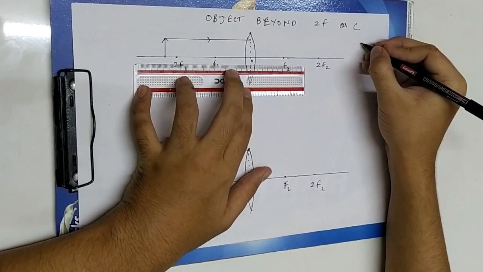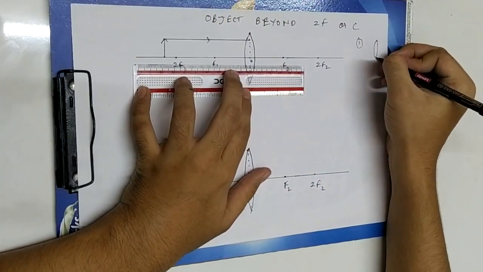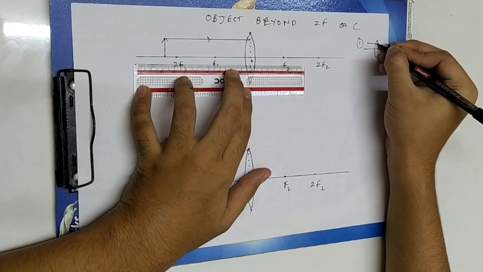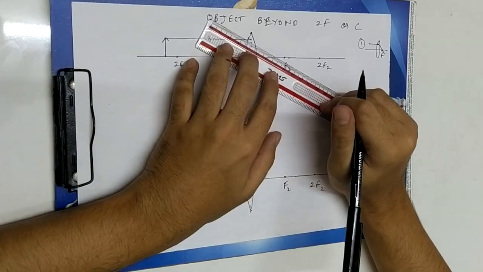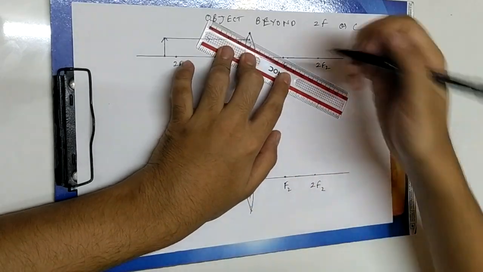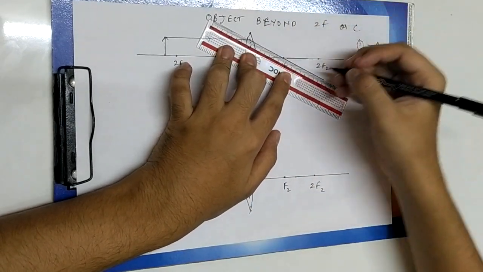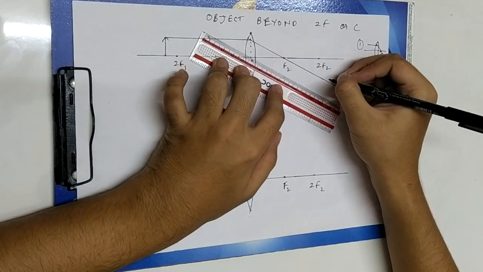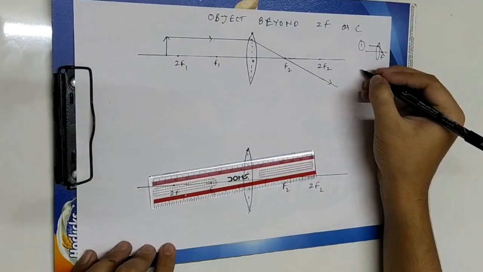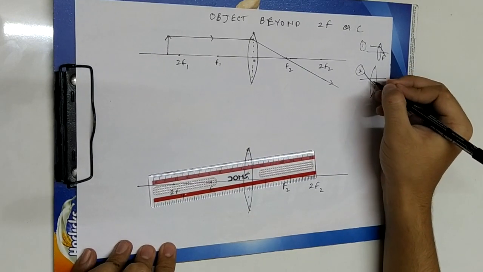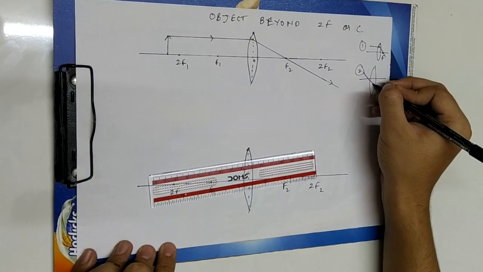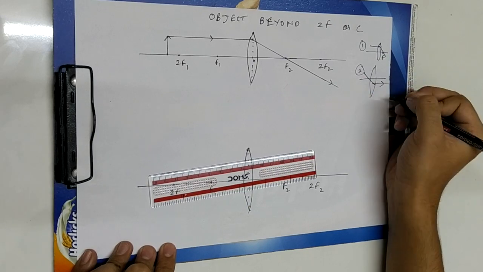So what is the first rule? First rule is, whatever goes parallel to the principal axis will come and meet at the focus. So that we will do. It will come and pass through the focus. Over now, one easy rule. Second one, whatever passes through the focus, after passing through the lens will become parallel.